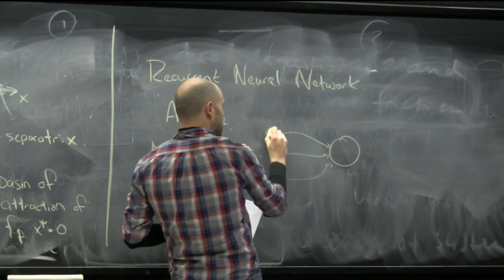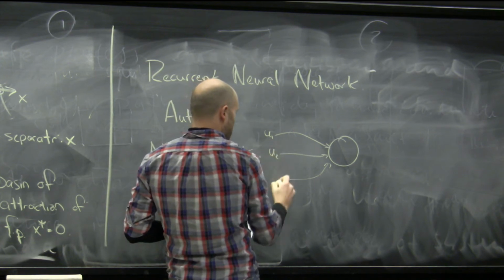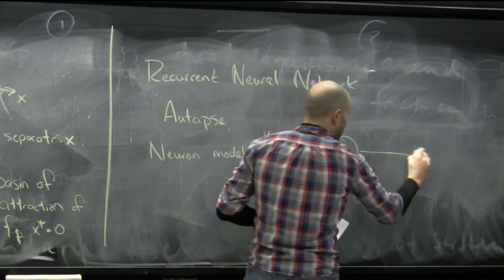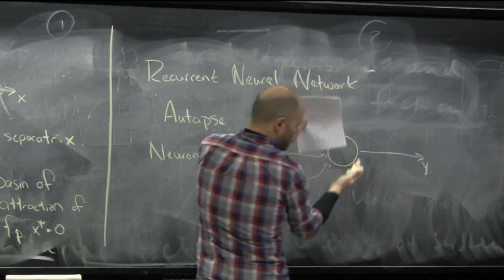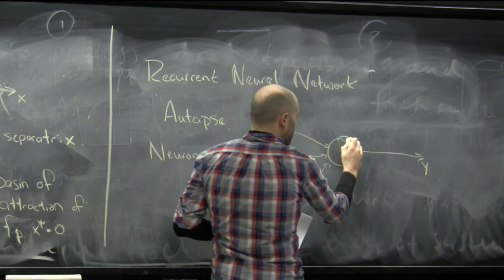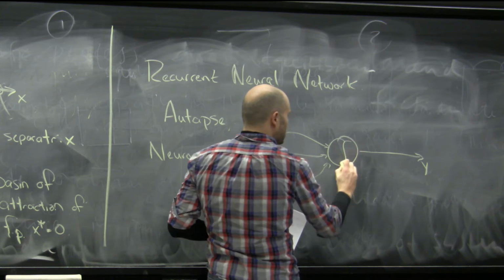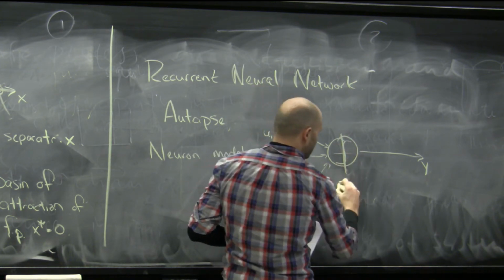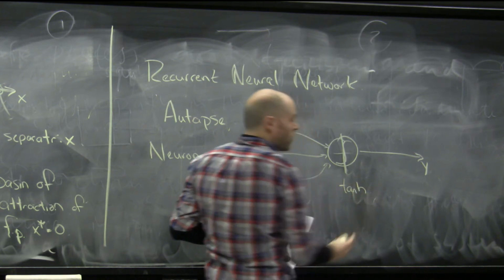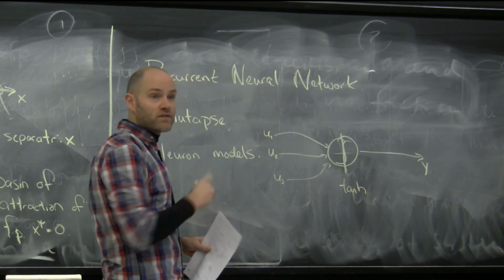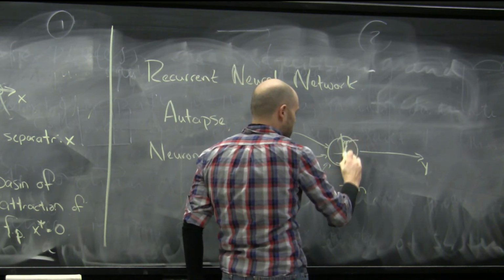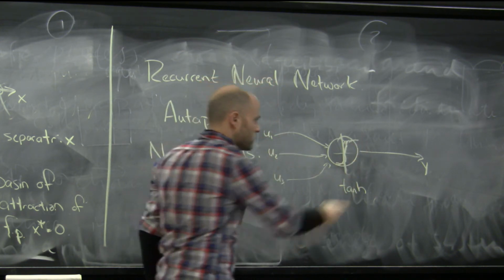Maybe those would be, in our language, my inputs 1, 2, 3. It would be a whole vector of inputs. The neuron has a particular output. In general, I'd have a lot of neurons. And then somewhere in the middle here, you've got some nonlinearity, oftentimes a tanh function or a logistic function, right? Something that makes sort of a sigmoidal function here. It's a nonlinear function of the inputs, mapping to my output.